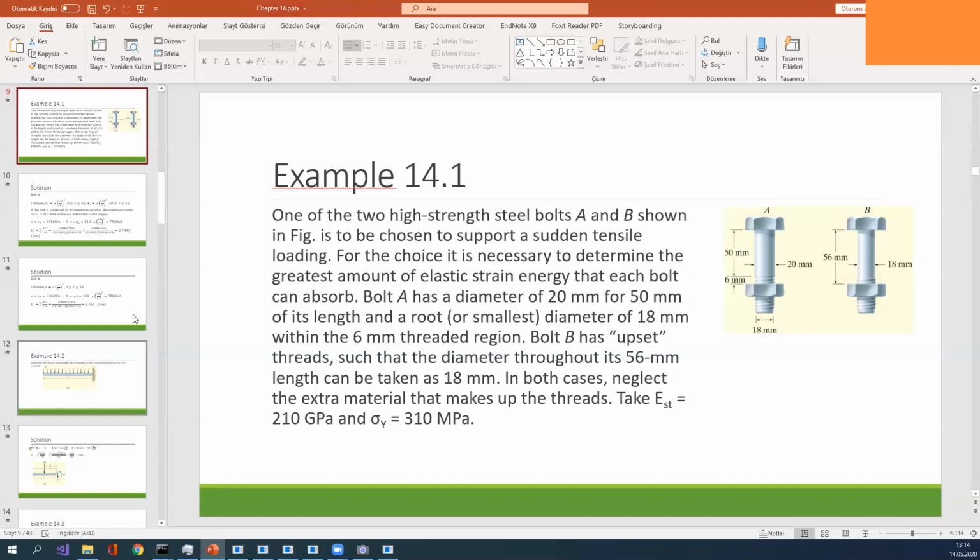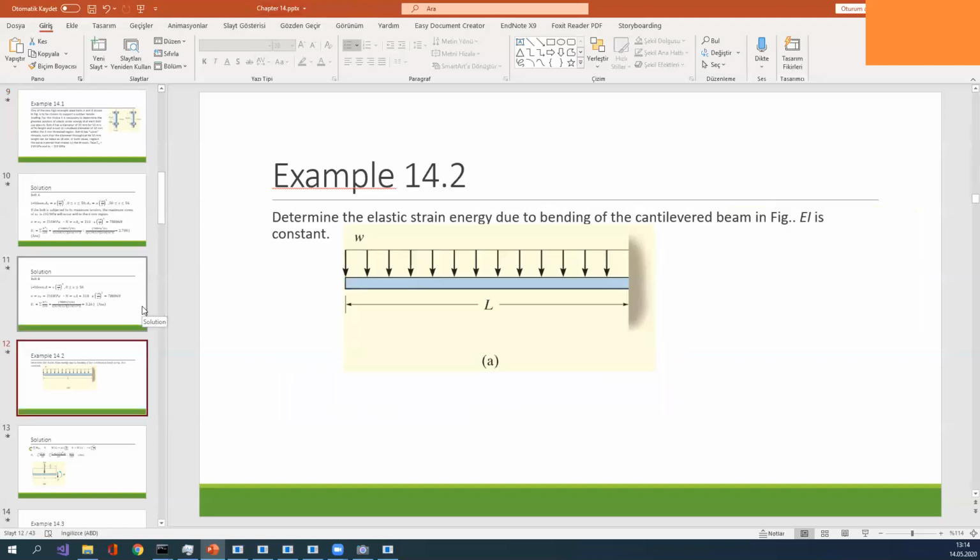Okay, let's continue with chapter 14.2. Now we have a beam, and on the beam we have a distributed load omega. This value is not given; we will find these values in symbolic terms using omega. We determine the elastic strain energy due to bending.